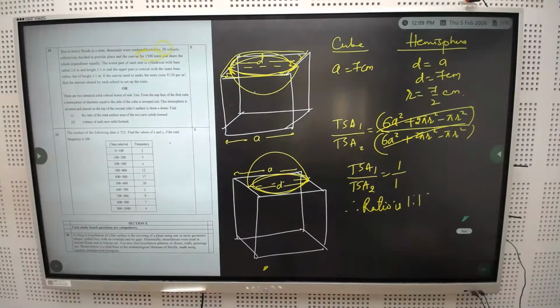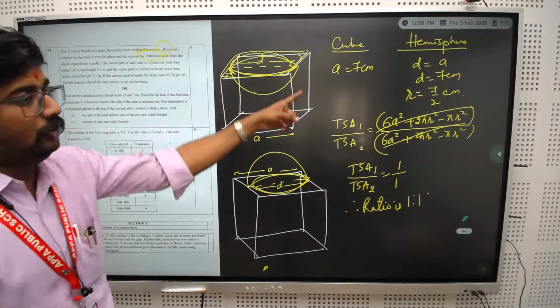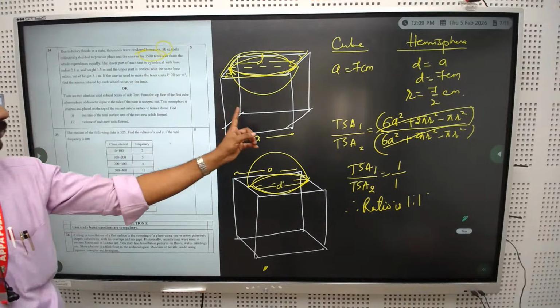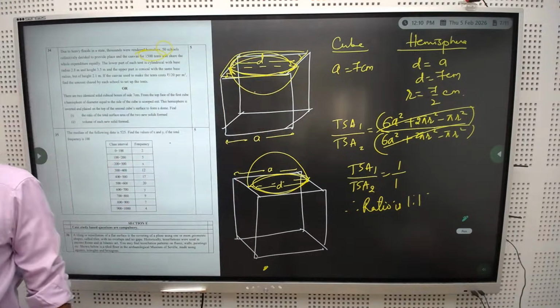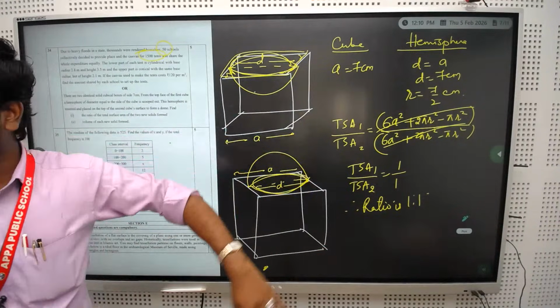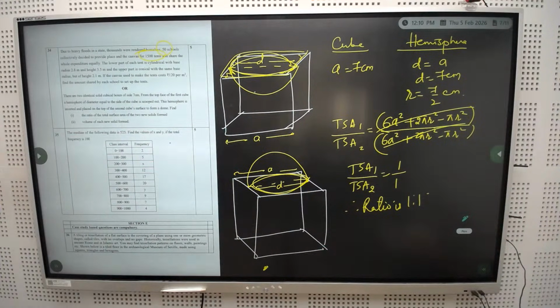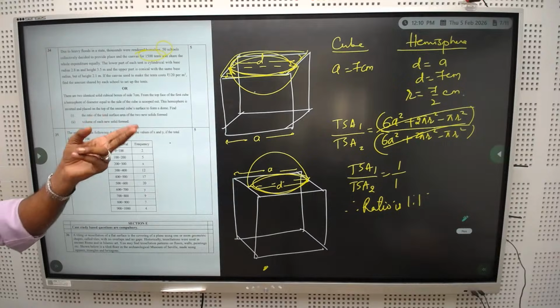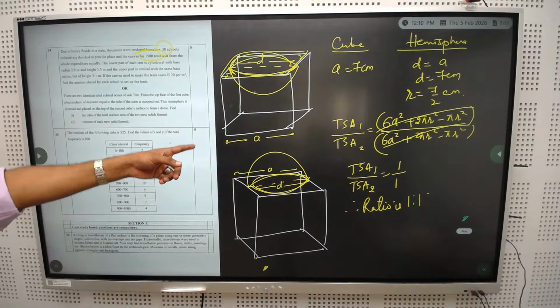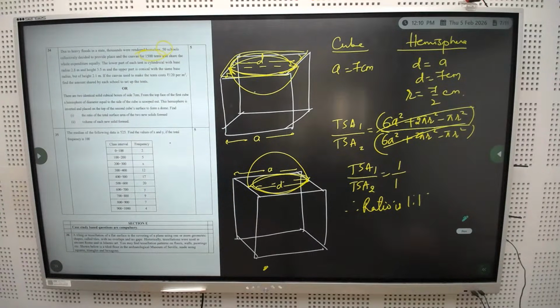In the first question, in the cube, what is removed? Hemisphere is removed. So volume of cube minus volume of hemisphere. In the cube, if a hemisphere is joined, it means added. Then I should do volume of cube plus volume of hemisphere. After that, they asked the volume of each new solid. So 1 and 3, 3 plus 2, total 5 marks.